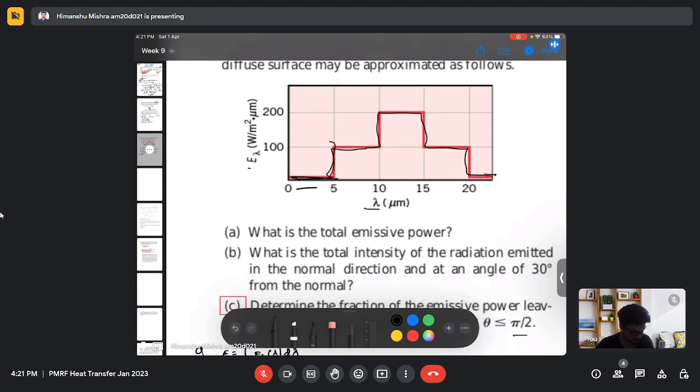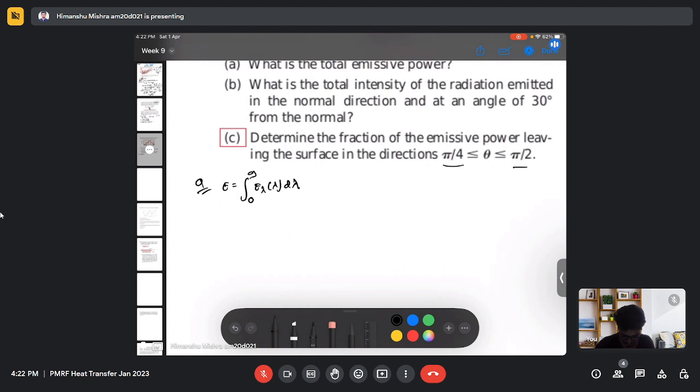We have been given the emissive power corresponding to each and every wavelength here. So we just need to integrate separately for each case and add all the emissive powers, which are a function of wavelength, to find the total one.